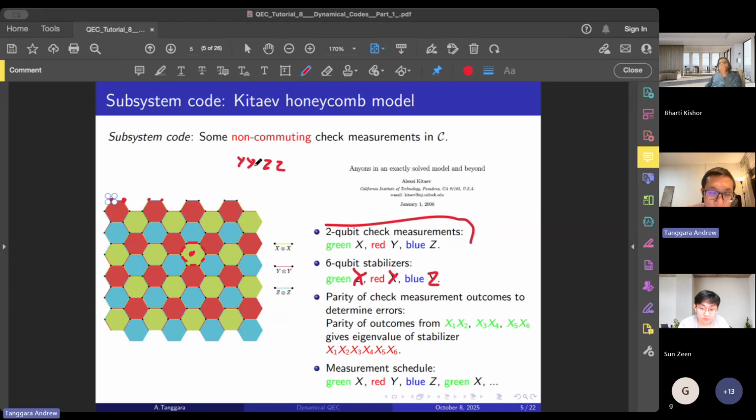And since they coincide on 1 qubit, on neighboring edges, the product of this Y and Z becomes an X. So I'm effectively going to measure the 6-qubit X stabilizers. And yeah, I have to do this over multiple rounds because the checks don't commute.